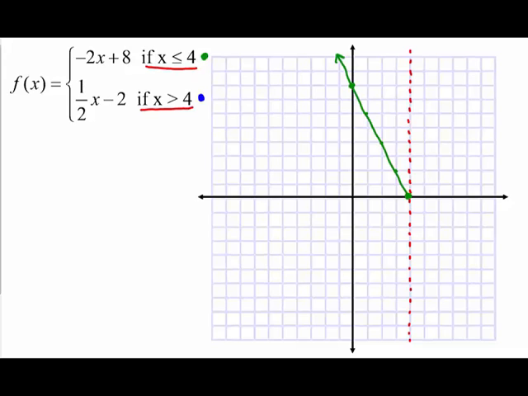For the next piece, I've got 1/2 x minus 2. So I'm going to put small dots here at my y-intercept, and my slope is up 1 over 2, up 1 over 2. Notice how these are going to match up at that point. Now when I actually draw my line though, it's only for those spots greater than 4.